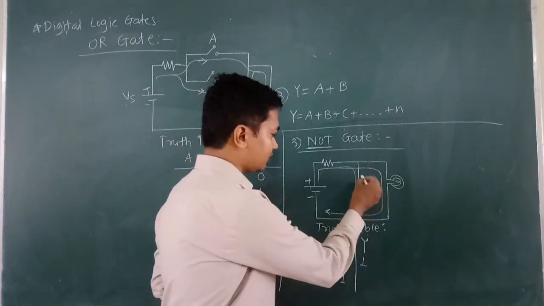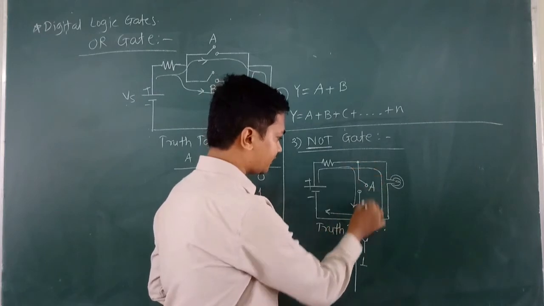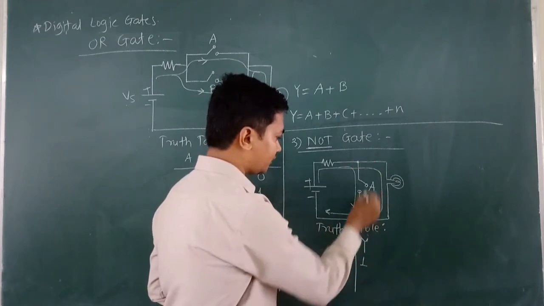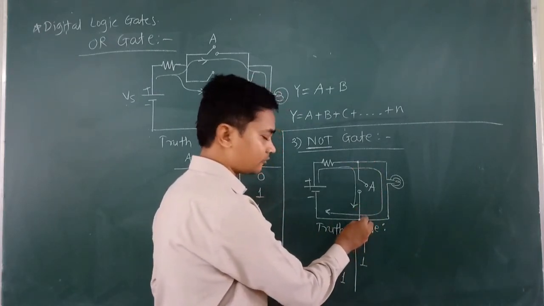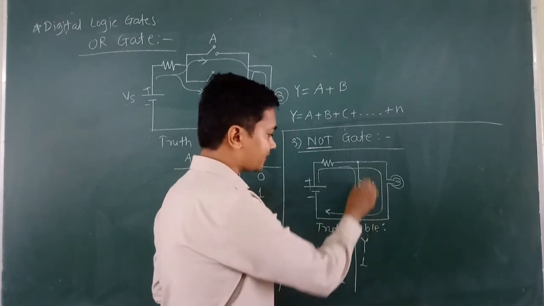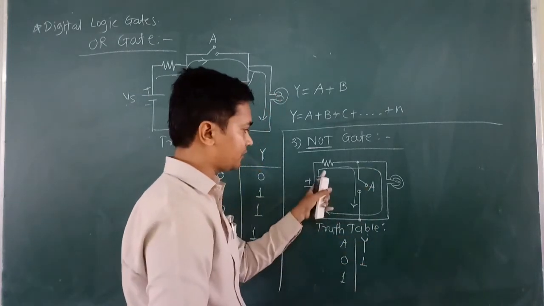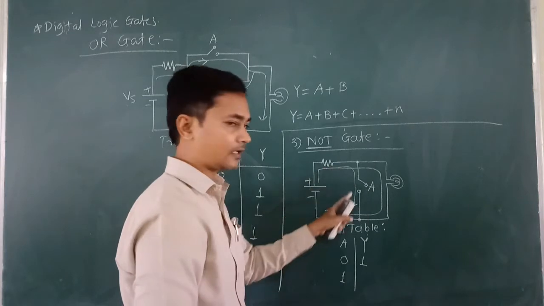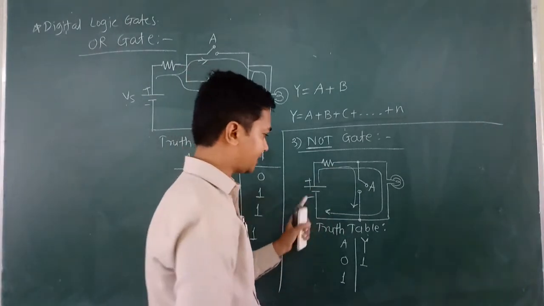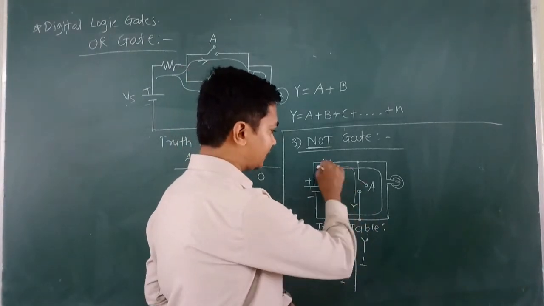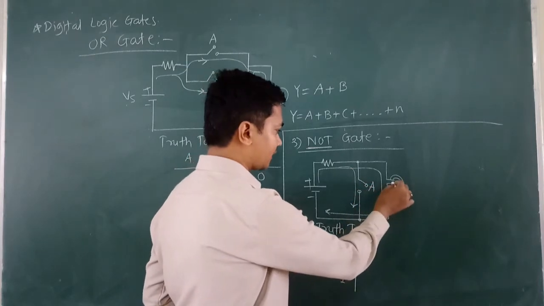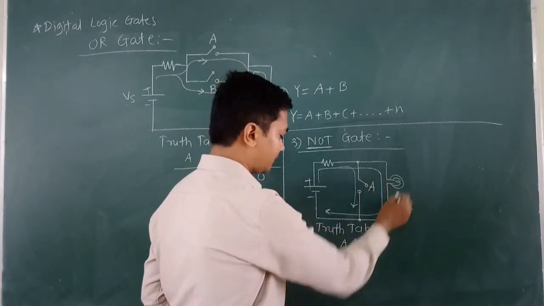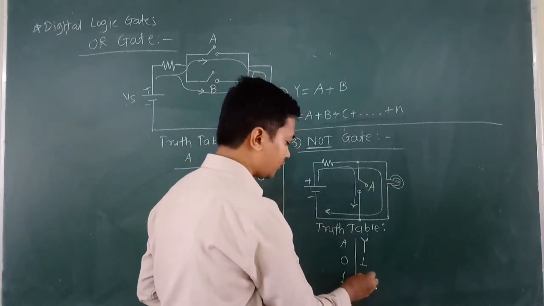There is no resistor between this point and this node, so there is zero resistance, so current will choose this path to complete the circuit, and that's why the complete current will flow through the switch. The current will not go towards the bulb, and hence the bulb will remain in off state.